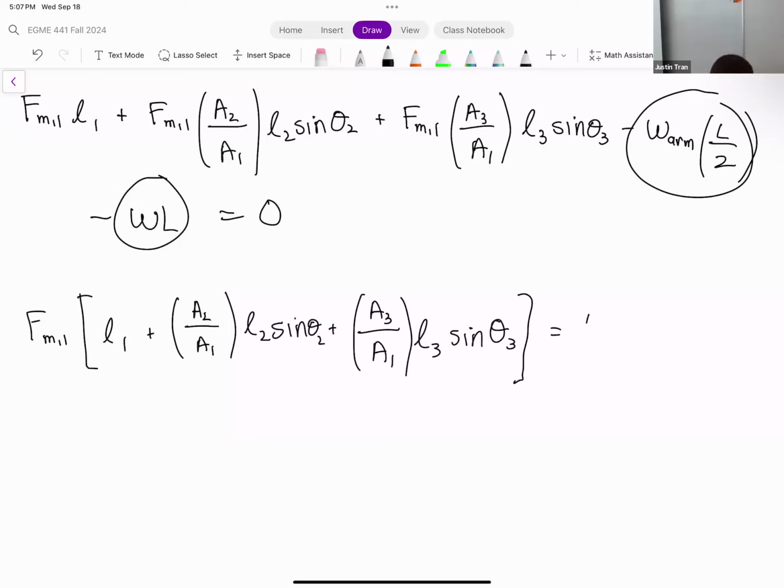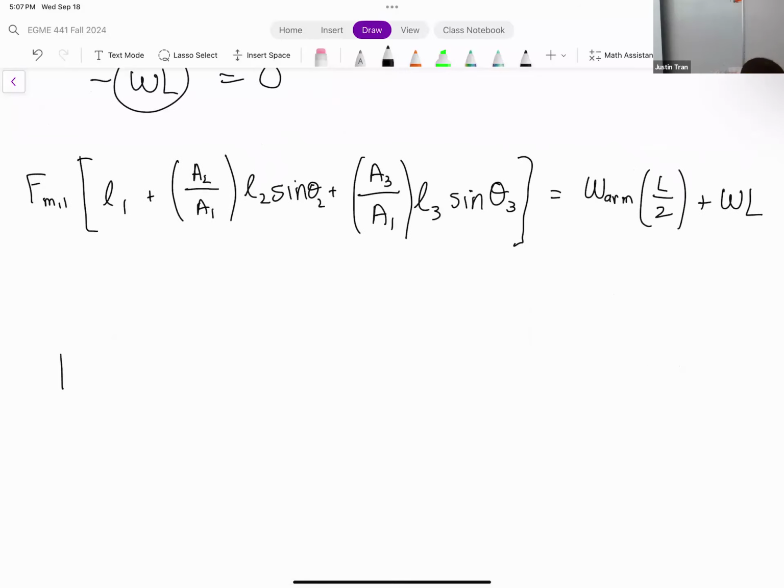This is equal to W arm times L over 2 plus W times L. And then from here we just divide by everything in the square brackets.